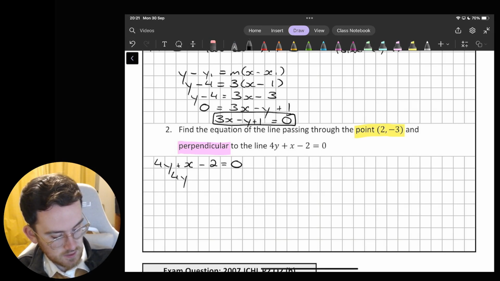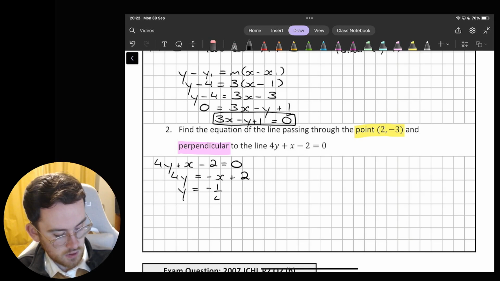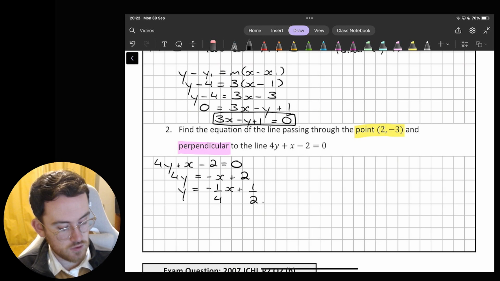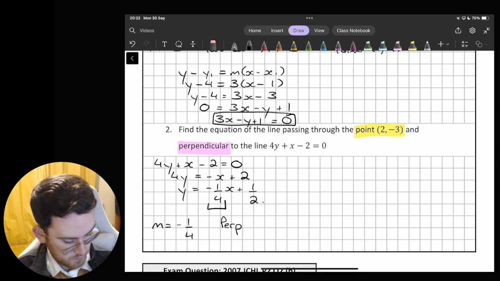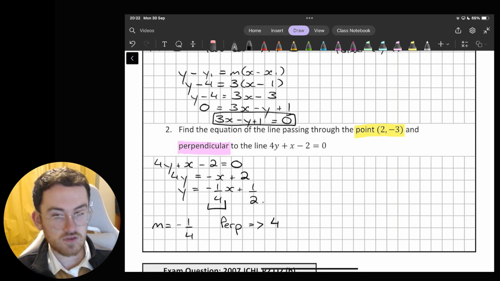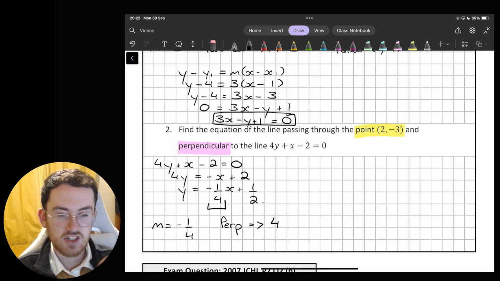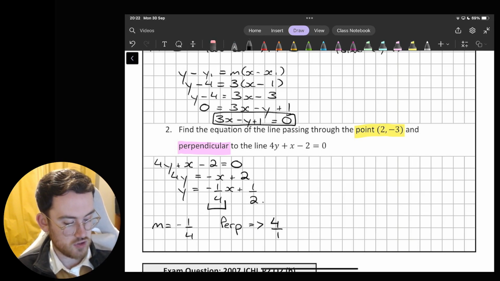So isolating y here means getting everything else onto the other side, then dividing by 4. Once we're in this format, we can immediately take out the slope as minus 1 over 4, but because I want it to be perpendicular, I need to take a slope of 4. So flipping it and changing the sign, so 4 over 1 or just 4.